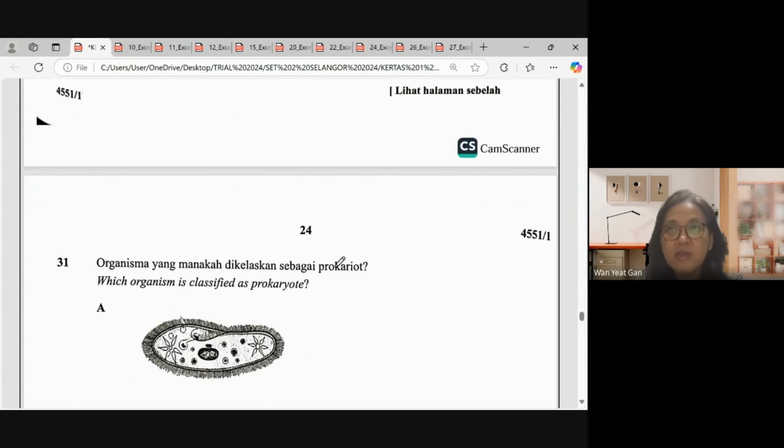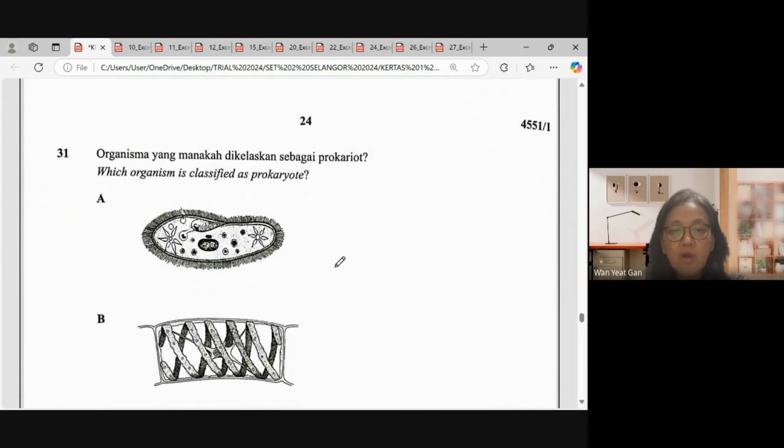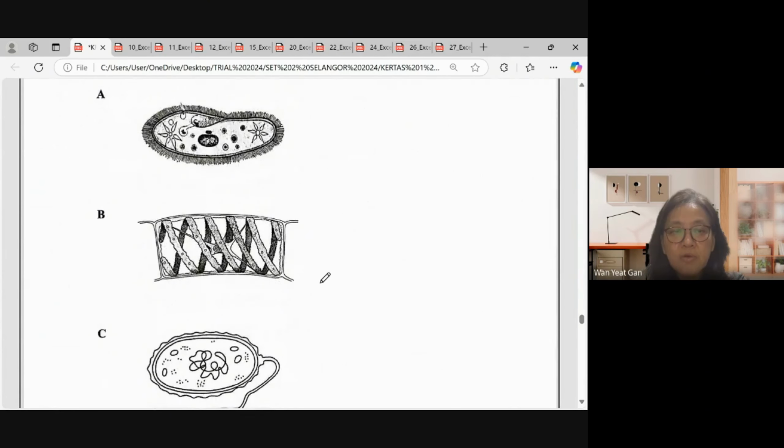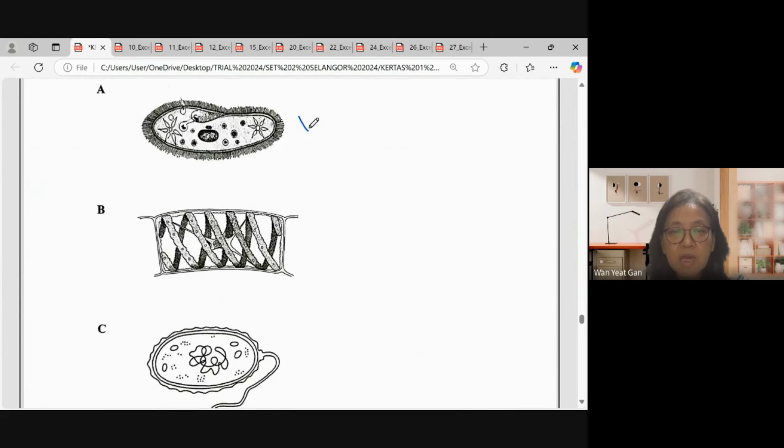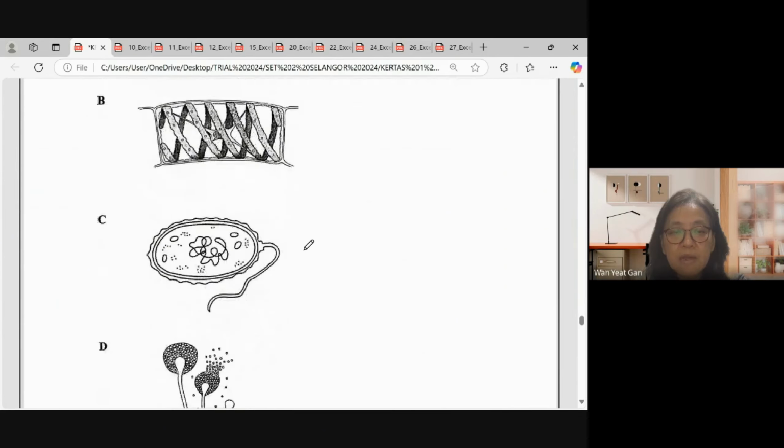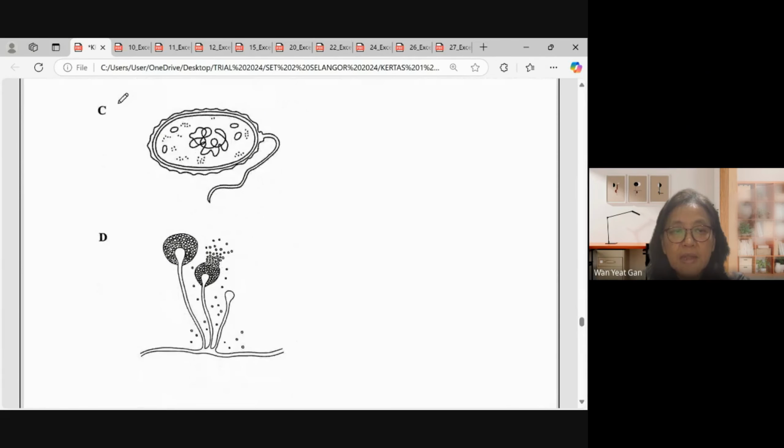Question 31. Which organism is classified as prokaryote? Bacteria belongs to the prokaryotes. So A is not correct because A is Paramecium, B is Spirogyra, C is bacteria, so C is the answer.